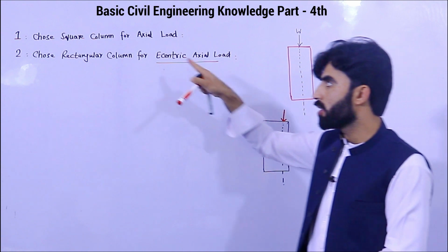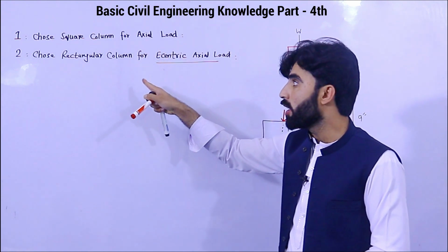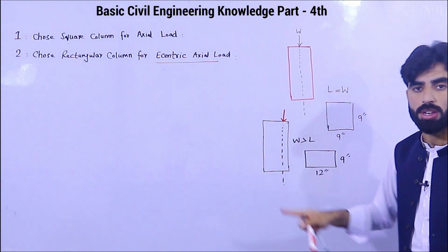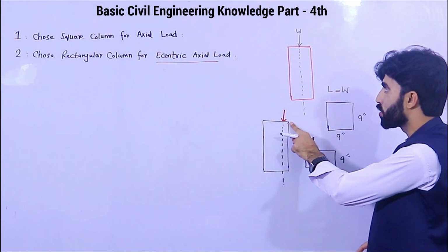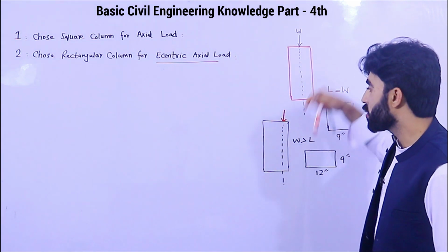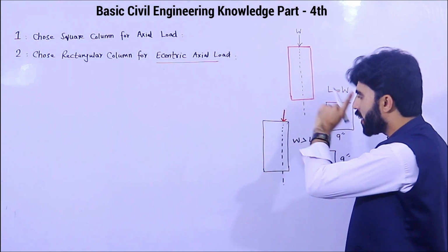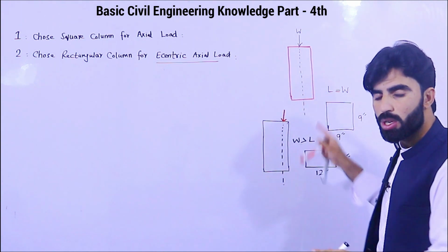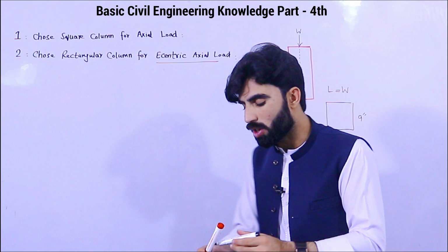Provide square column for axial load and rectangular column for eccentric axial load. Axial load is applied at the center; eccentric axial load is applied at any point of the column but not at the center. In that case you should provide a rectangular column.